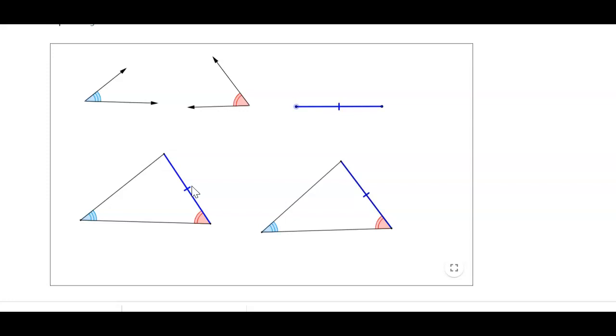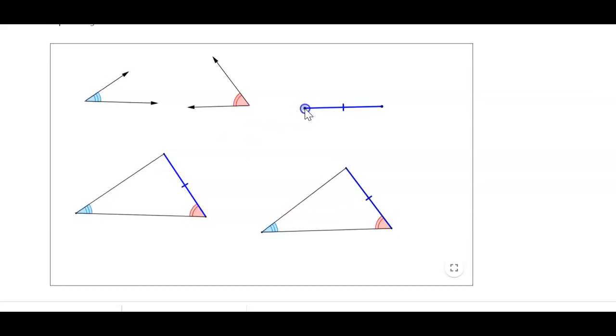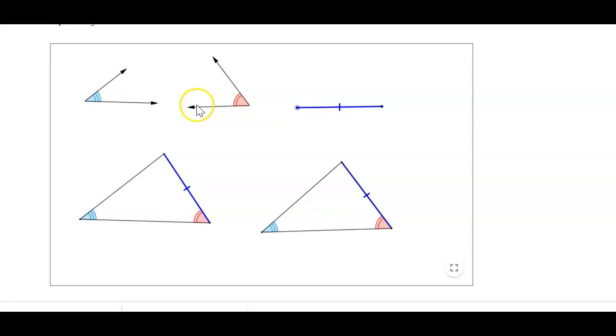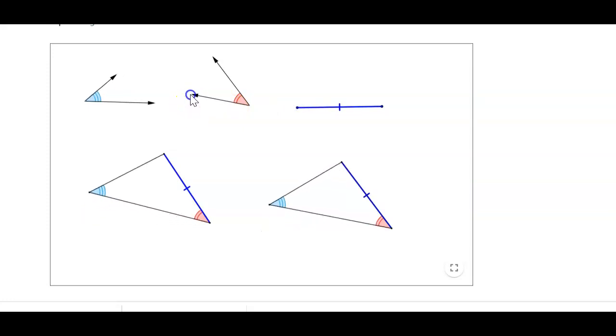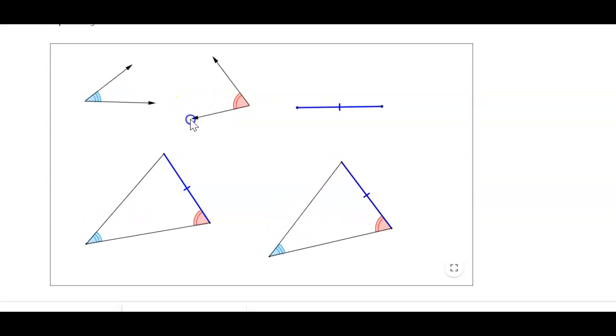Notice the two triangles are congruent. Even if I were to change the size of the side, those two triangles are congruent. If I were to change the angle, those two triangles are congruent no matter what. So angle, angle, side is a way to justify congruent triangles.